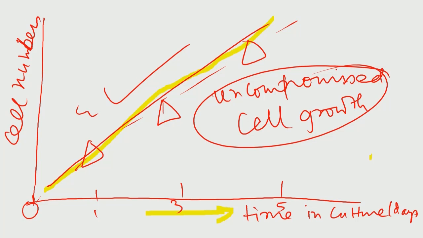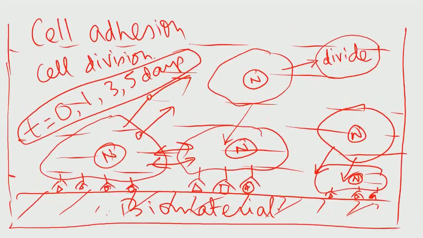You can only confirm that when you establish this particular kind of behavior by culturing the cells on the biomaterial substrate. The other point I must mention at this juncture is how one can select the different time points at which you will culture, or the different time intervals at which you should check how the cell numbers are increasing.